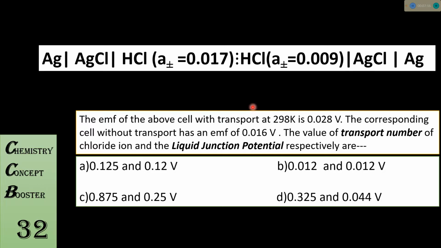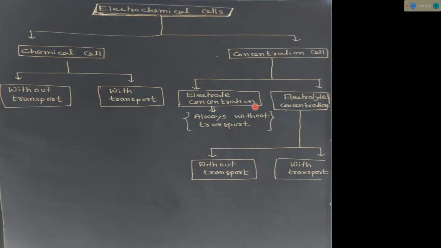For these questions, I already mentioned that we are considering electrolyte concentration cells, not electrode concentration cells, and from this category we are now considering electrolyte concentration cells with transport.